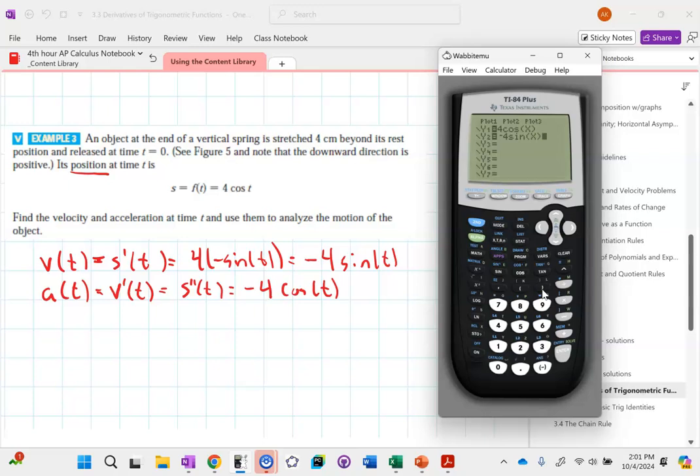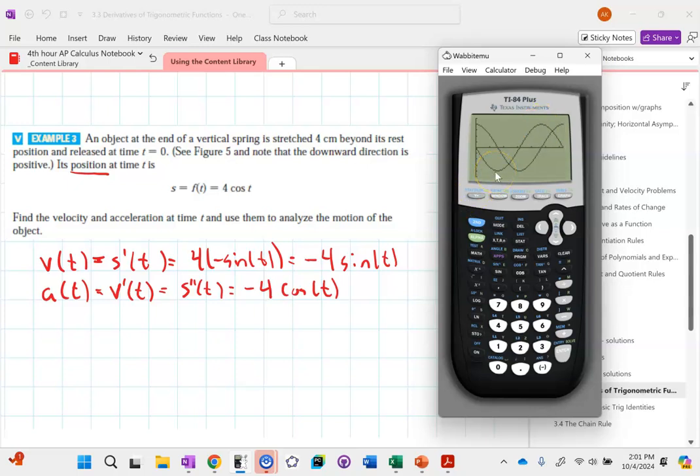Because after we pass neutral, it's going to start slowing down to get to the top. And it'll speed up till we get to neutral, and then start slowing down till we get to the bottom. And then its speed is 0 at the bottom. So if I look at my graph here, this is the fastest it's moving, when it's passing neutral. We see that that's the maximum and minimum.